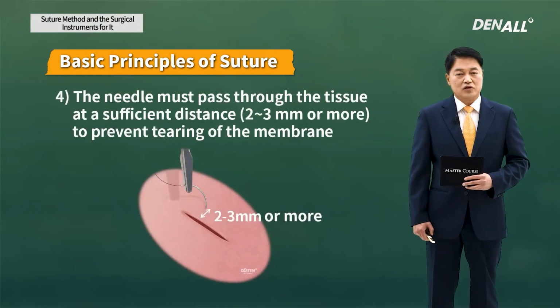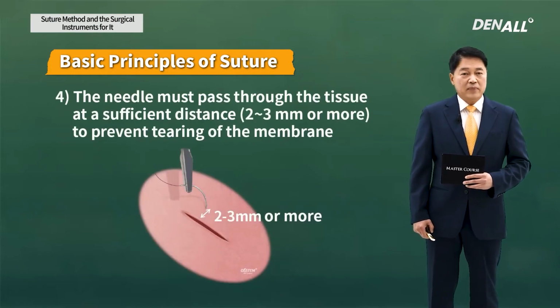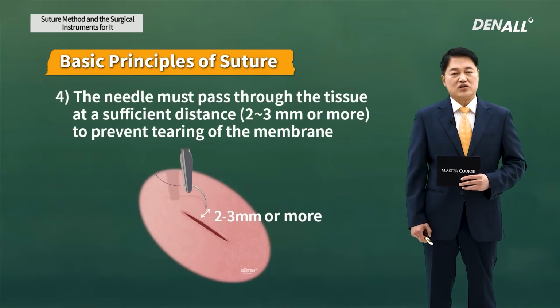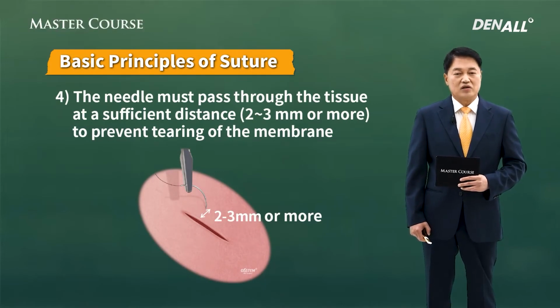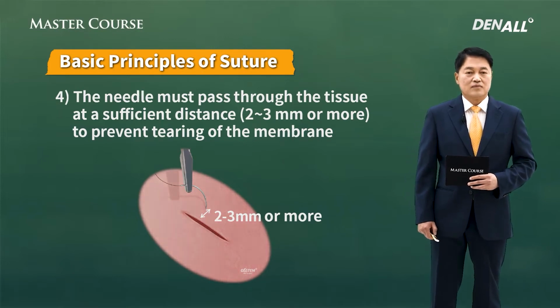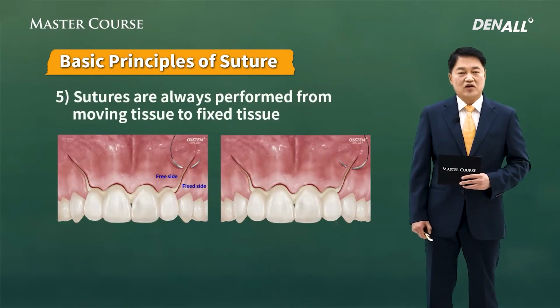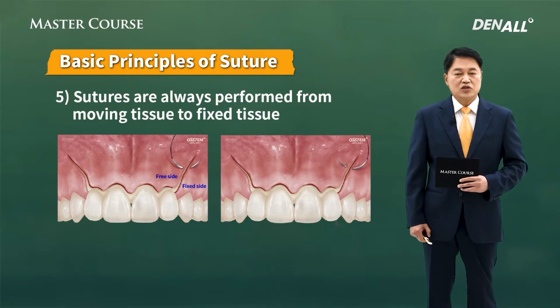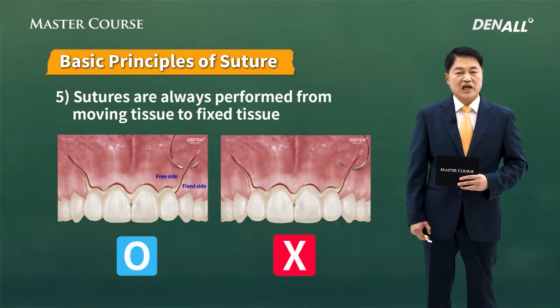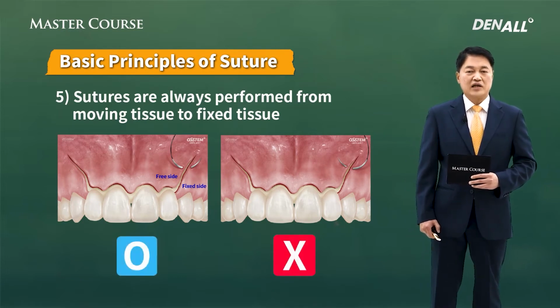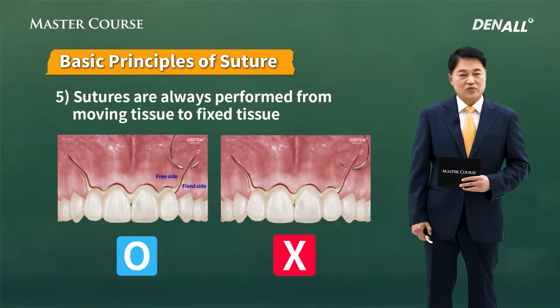Fourth, it's an important one. To prevent tearing of the membrane, the needle must pass through the tissue at a sufficient distance, about 2 or 3 millimeters or more. Fifth, when you open the flap, the suture always needs to be performed from the moving tissue to the fixed tissue. If you go in from the fixed side first, you could tear the membrane.